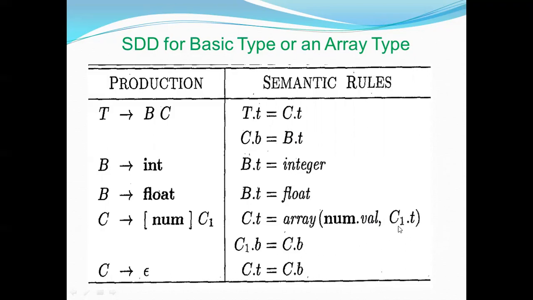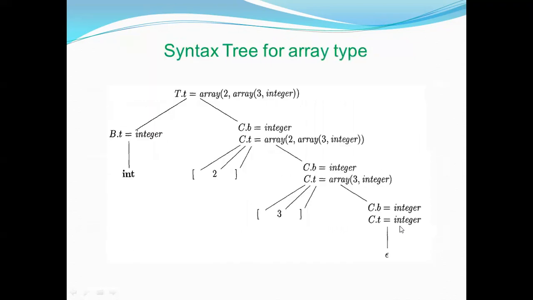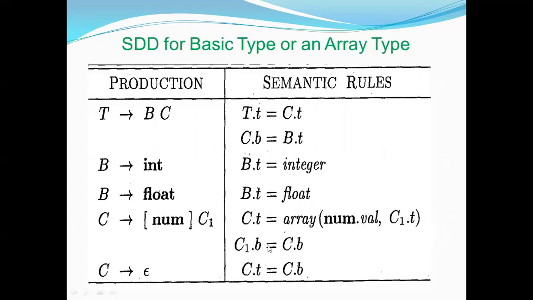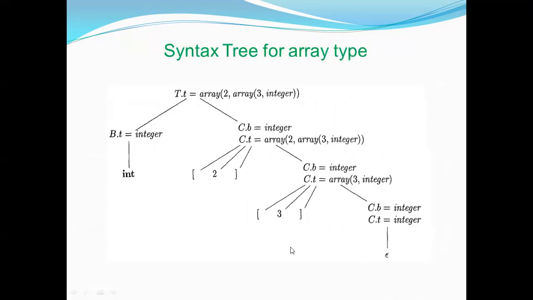So how am I going to get the synthesized value? I get this C.b value. I cannot execute this rule because I don't have the second argument. Now the second argument I get from this node. To this node, I pass the value of integer using the inherited attribute, that is, C1.b is equal to C.b. I get this inherited value as C.b. Now at this level I can execute this rule, but still I cannot execute it because I don't know the data type of it.